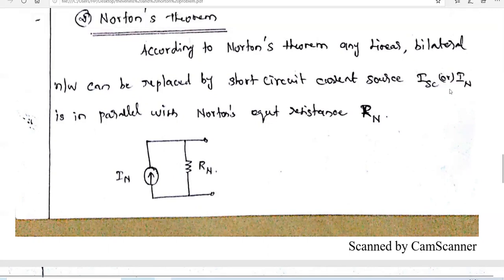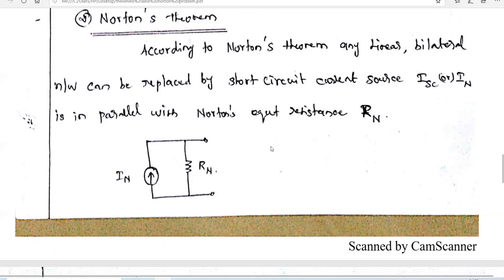Why is it called ISC? It is the short circuit current source. We have to find this Norton's current when terminals A and B are short circuited. That's why it is called the short circuited current. So a short circuited current source in parallel with Norton's equivalent resistance. This is Norton's theorem.